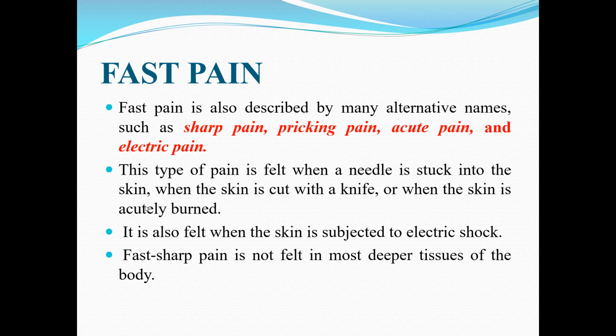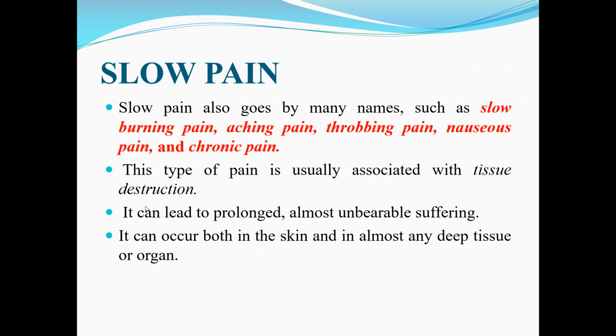It is felt as if there is some electric shock. It is a fast, cutting, sharp type of pain and it is not felt in the deeper tissues. It is mostly felt in the superficial tissues.